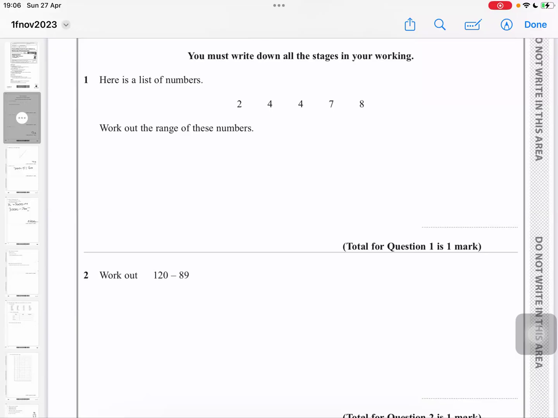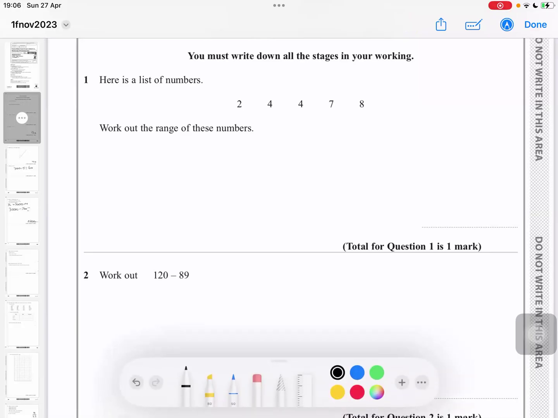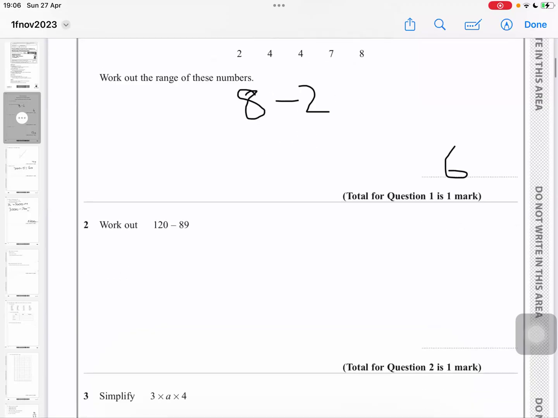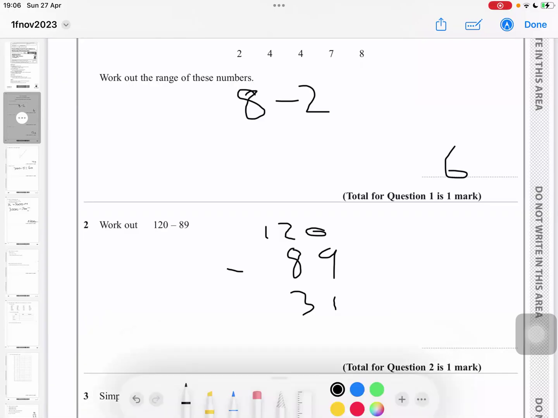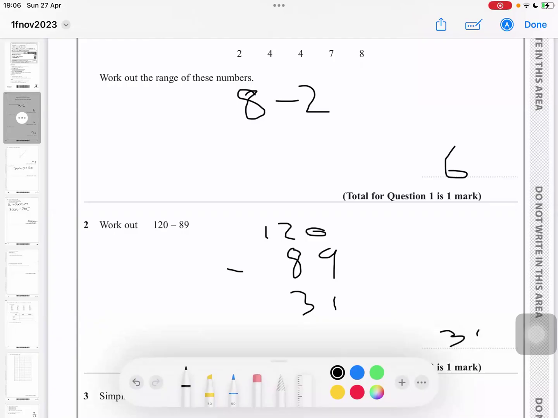So that's going to be 8 minus 2, which is 6. Yep. Yeah, correct.